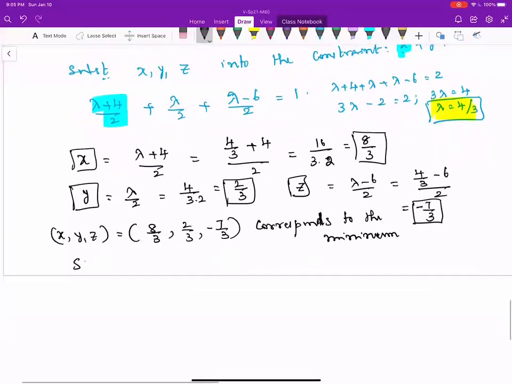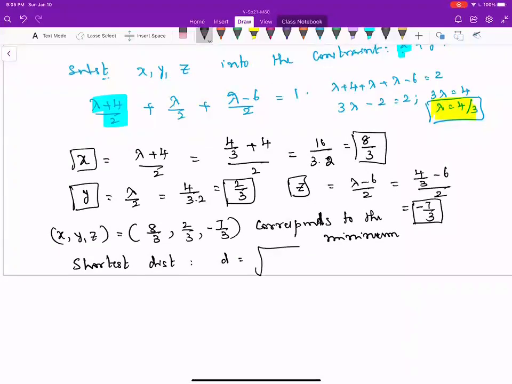So the shortest distance is D, where that x, y, z are replaced by 8 by 3, 2 by 3, and negative 7 by 3.